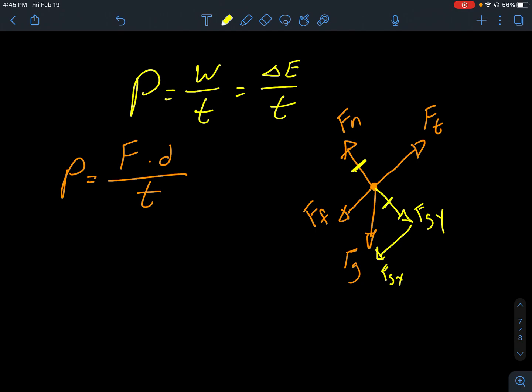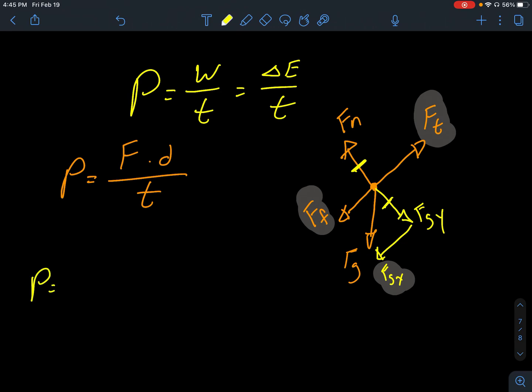And then the tension force going up the hill is going to be equal to the sum of both force of friction and gravity in the x component. So that helps us set up our equation.